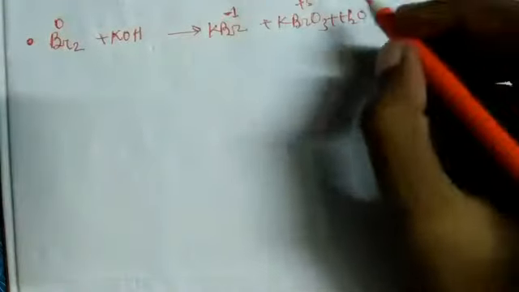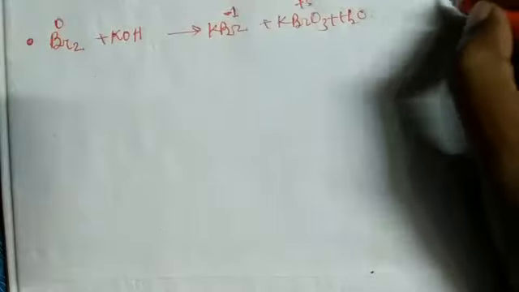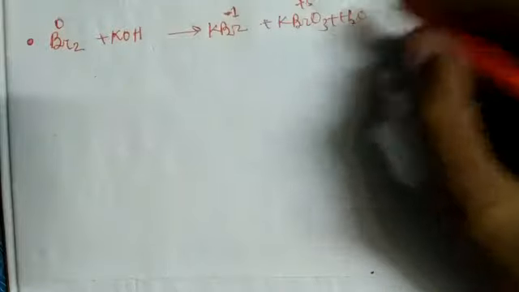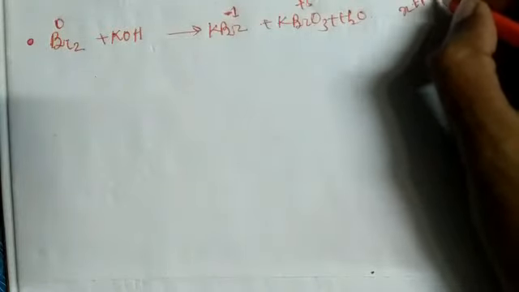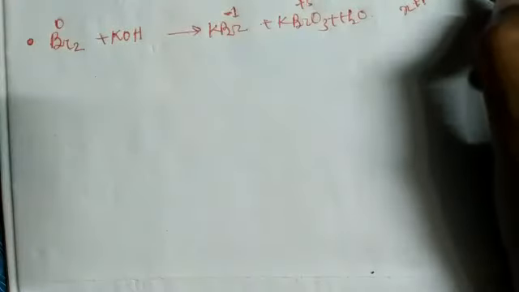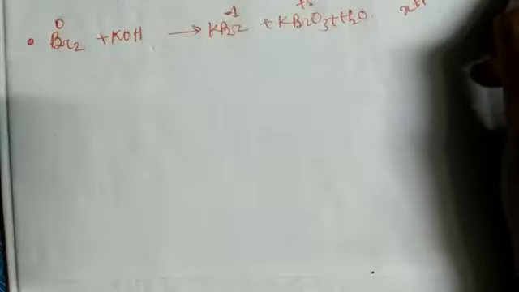How? If we assume that the oxidation number of bromine is X, and potassium has oxidation number +1, oxygen has oxidation number -2, but here there are 3 oxygen, so we have to multiply by 3, and it is equal to 0.